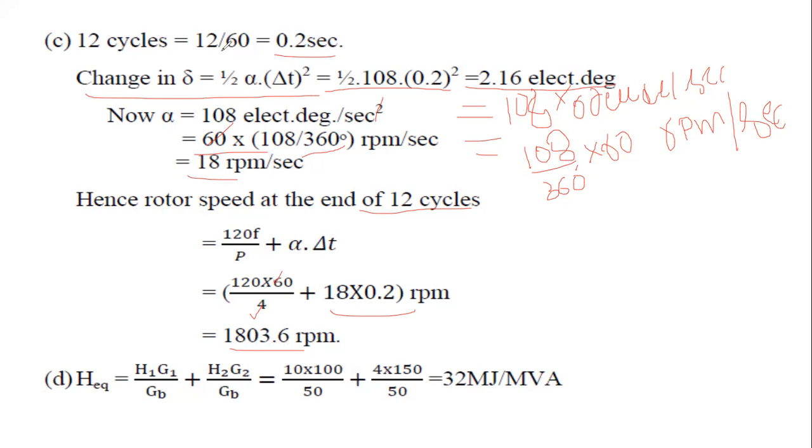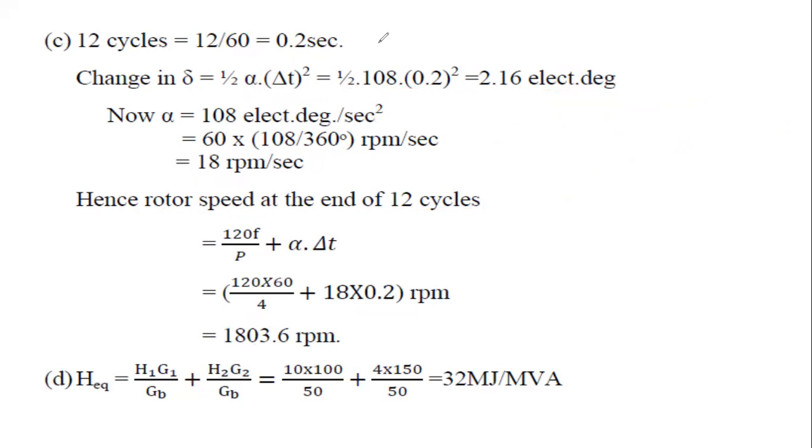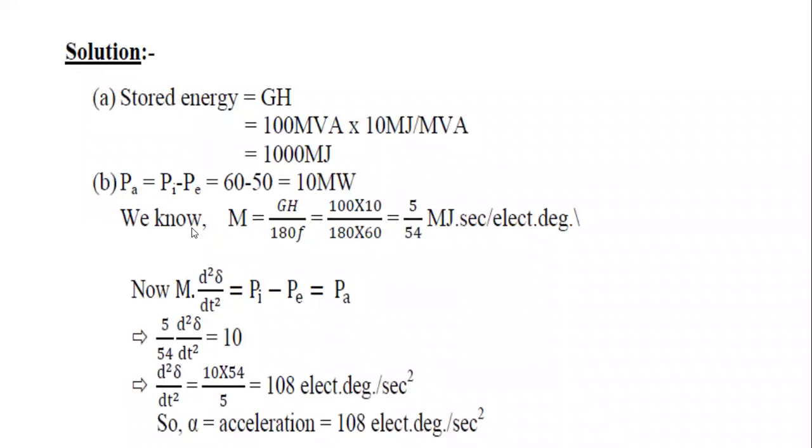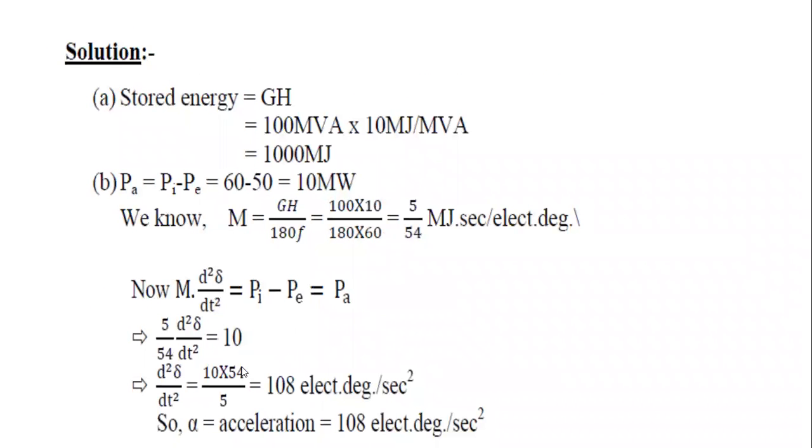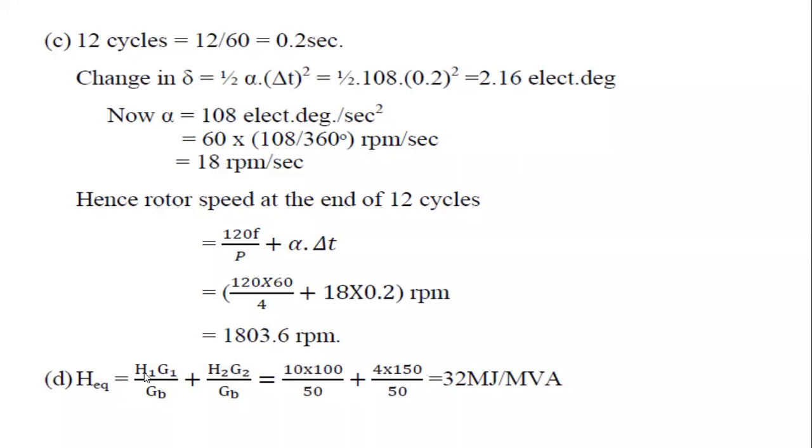Next, we are calculating the D bit. What is the D bit? Another generator of 150 MVA having inertia constant of 4 megajoules per MVA is put in parallel with the above generator. Find the inertia constant of the equivalent generator on a base of 50 MVA.